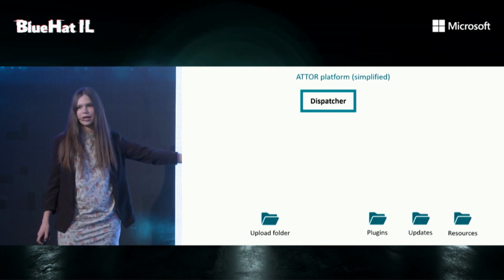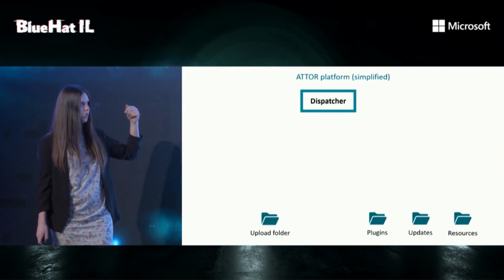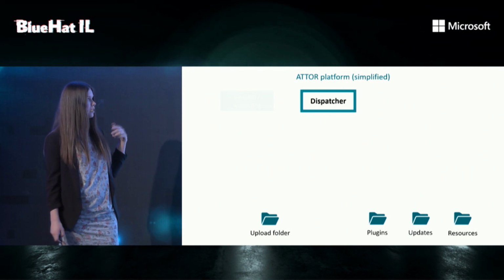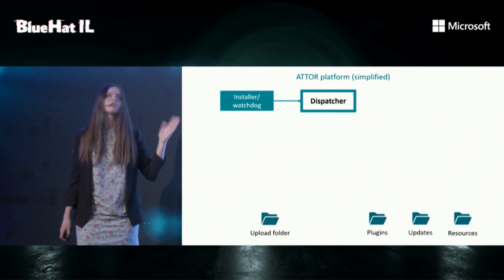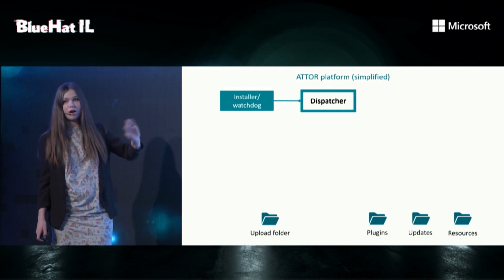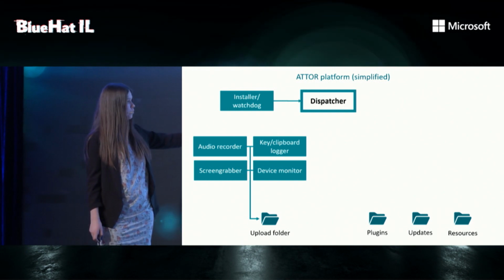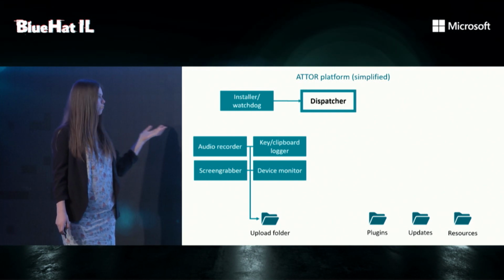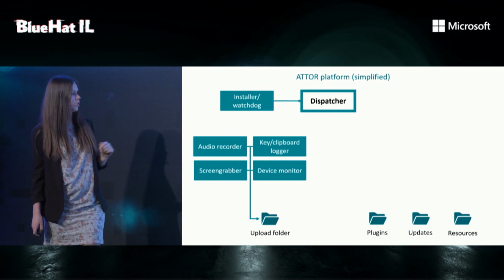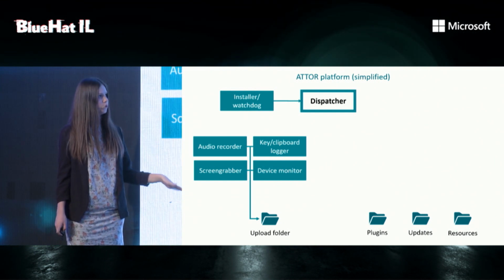So some of the plugins create files in these folders and others read from them. As for the plugins, there is an installer plugin that of course ensures persistence of the whole platform. And then there are others, but the most interesting ones are maybe the espionage plugins, which collect some information from the compromised computer. And this information gets stored in the central upload folder.